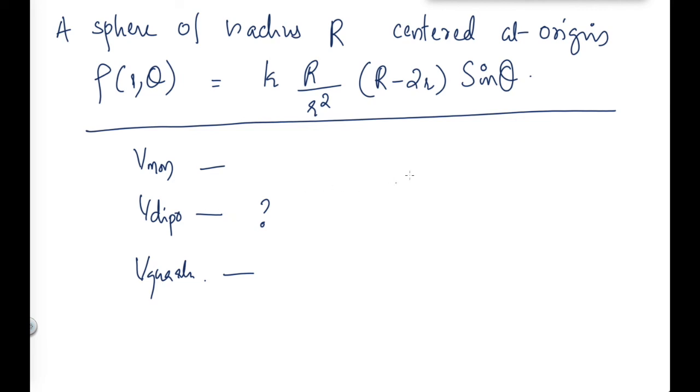Okay, so always find an integral, and here you have to see rho of r, theta is given. In our expression, we have taken rho of r dash. So you have to do r dash, theta dash. So you put r dash sin theta dash, and this R is actually the radius of the sphere.